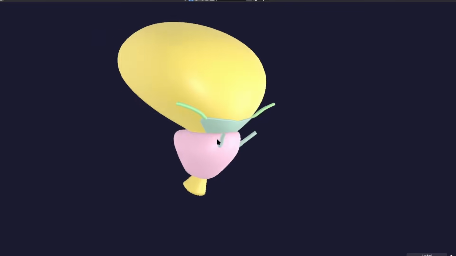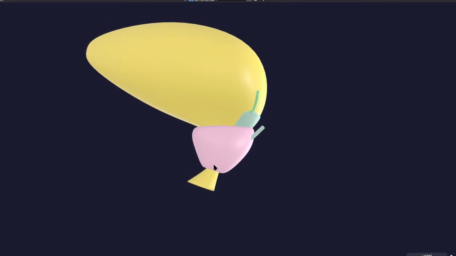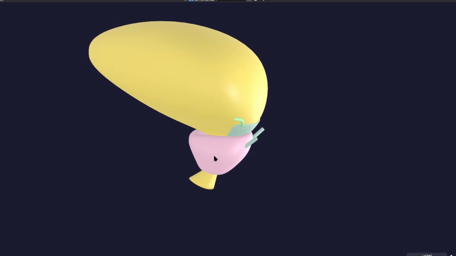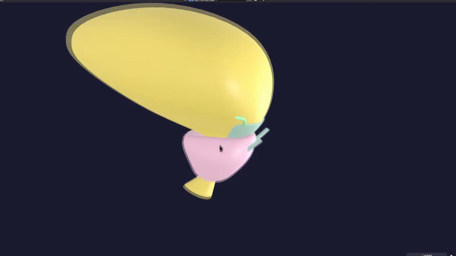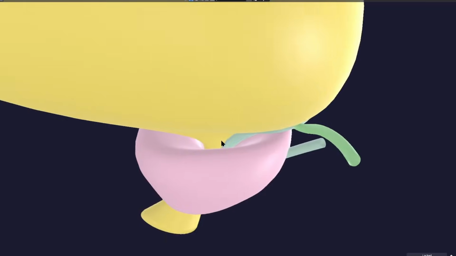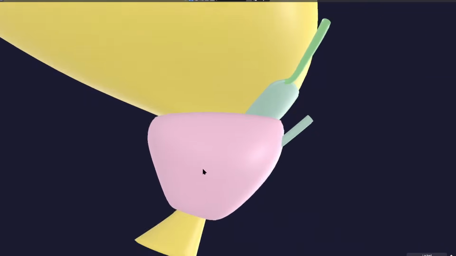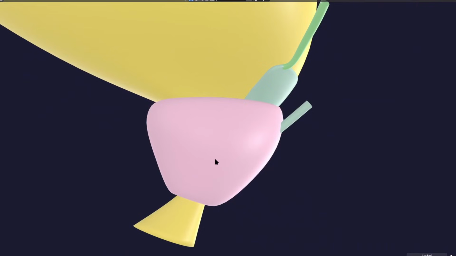So the prostate will be formed, and this part of the urogenital sinus which is going into the prostate, this part has now formed the urethra. And which part of the urethra?